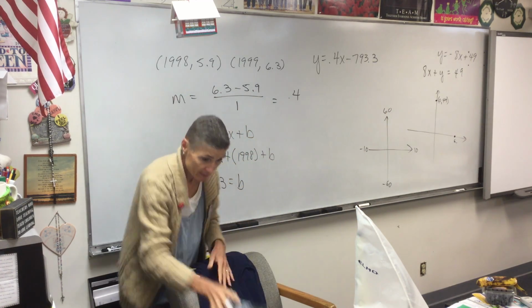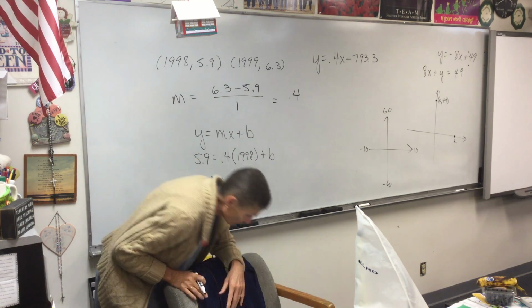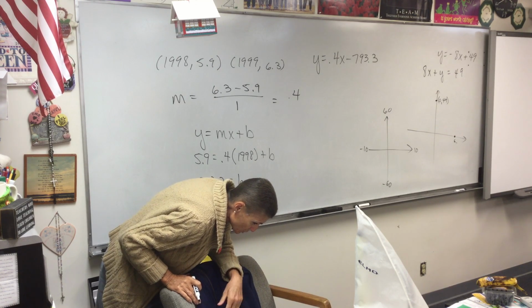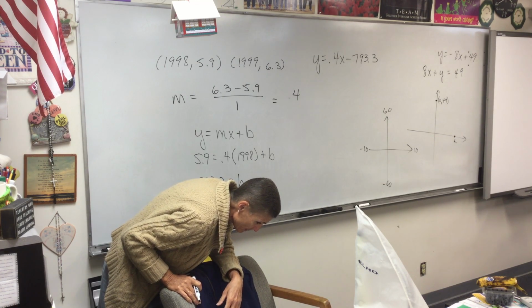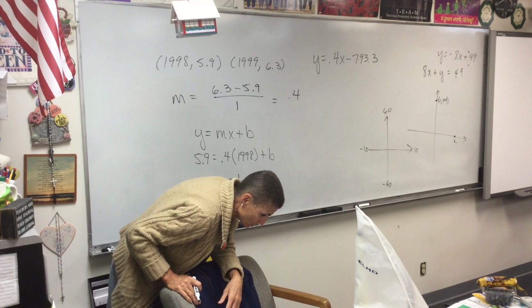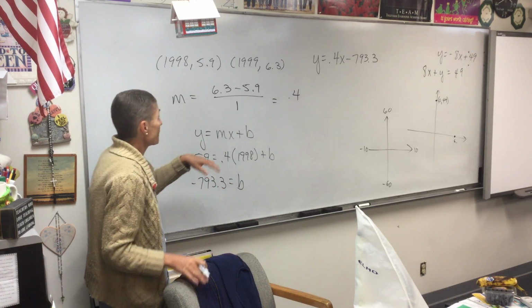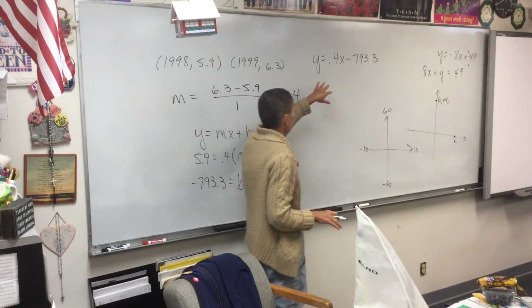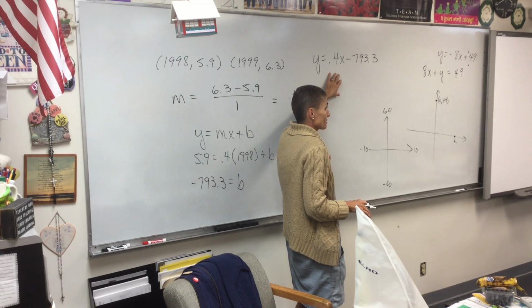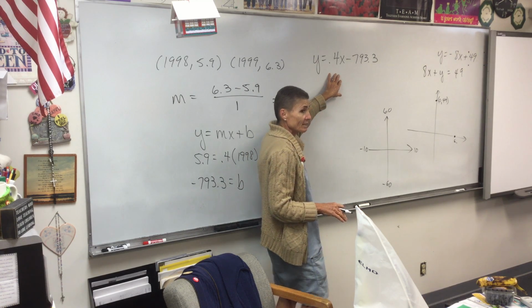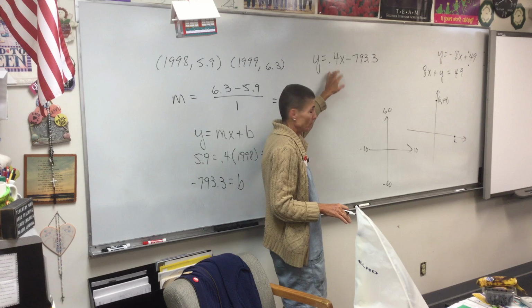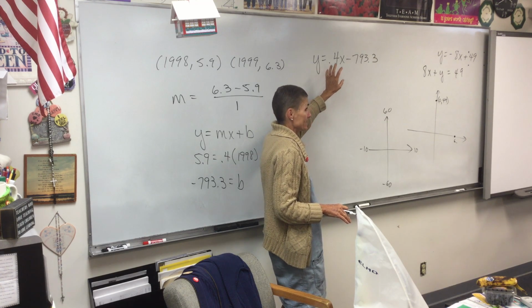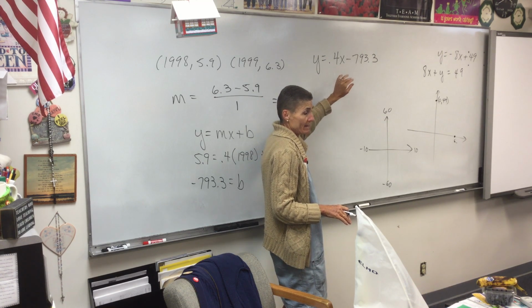Okay, Rachel, does that make sense to you? Yeah. That much of it? Okay. So then use the equation to estimate the expenditures in 2002. If I use my equation to approximate the expenditures in 2002, what am I going to do with the 2002? I'm going to put that into my equation. Is it going to go in as X or Y?